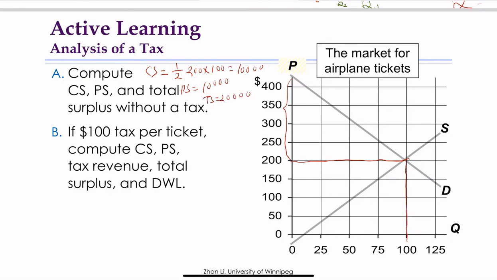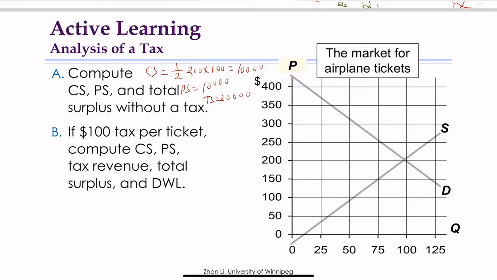Next, if there is a $100 tax per ticket, compute consumer surplus, producer surplus, tax revenue, total surplus, and deadweight loss. Now, let's first find out what happens to quantity and price if there is a $100 tax. So where can you get this $100 tax?